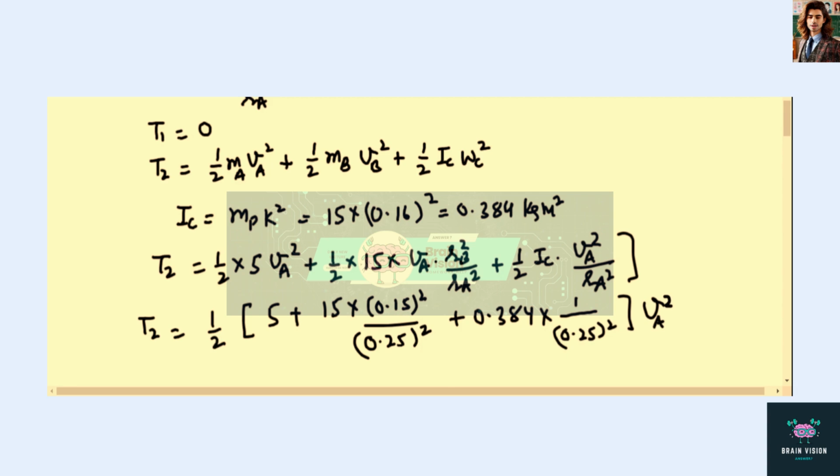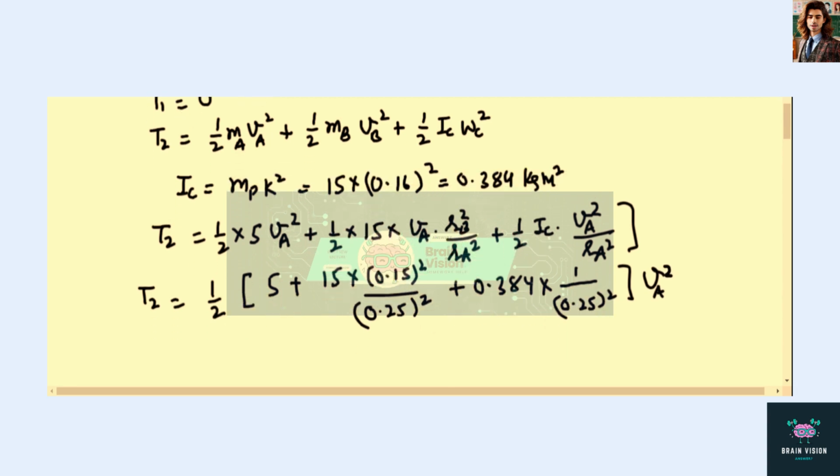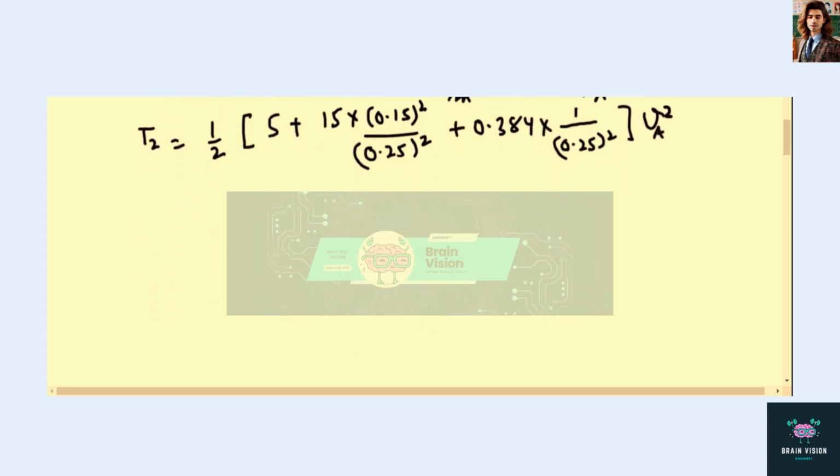So on solving this, you will get the final kinetic energy of the system to be 8.272 vA square. Say equation 3.